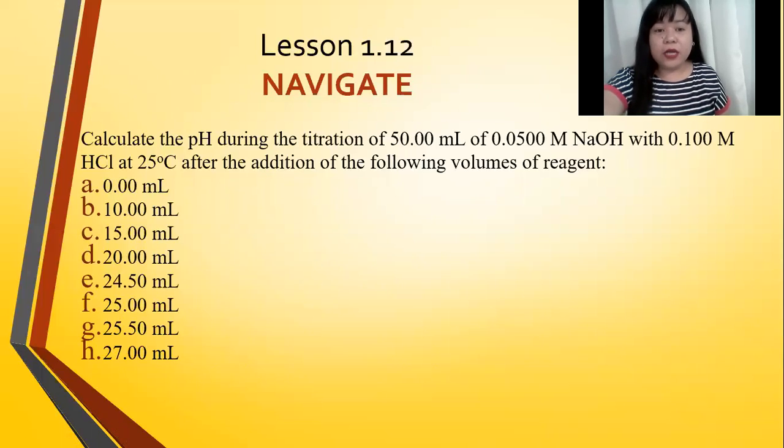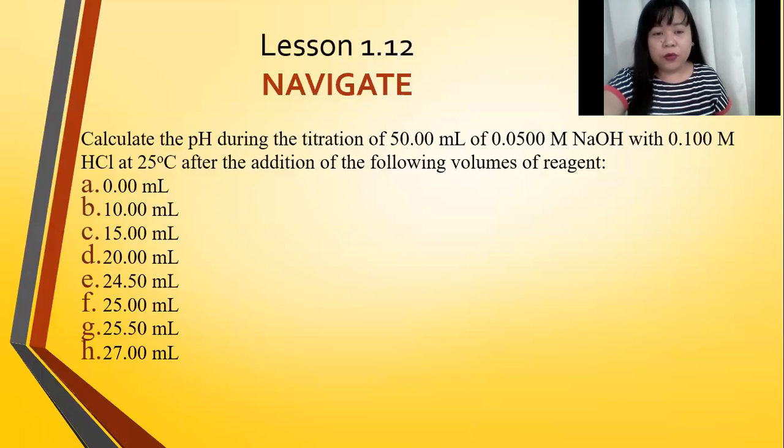Therefore, you'd have to get the number of moles of NaOH that remains unreacted with HCl. If you find that there's still NaOH present in the system, then that would be before the equivalence point.